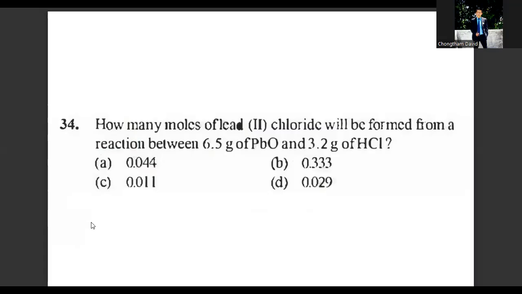How many moles of lead chloride will be formed from the reaction between 6.5 gram lead oxide and 3.2 gram of HCl? So let us write the equation for the reaction.